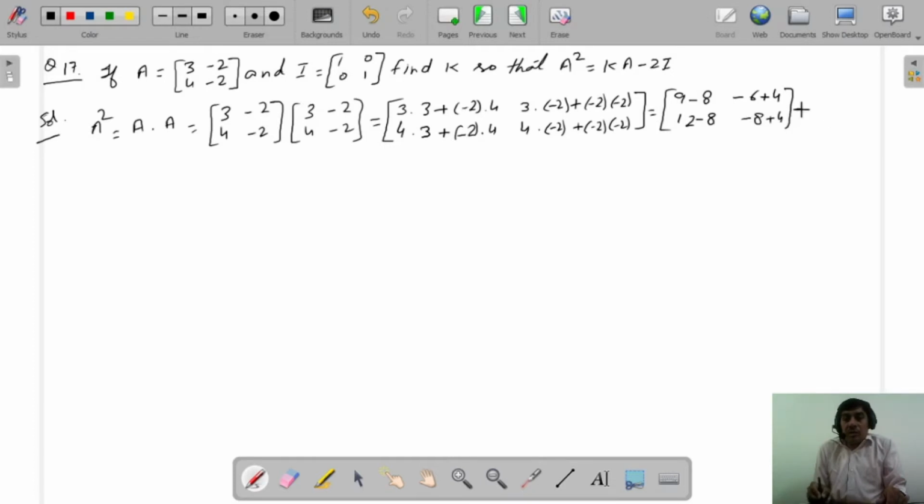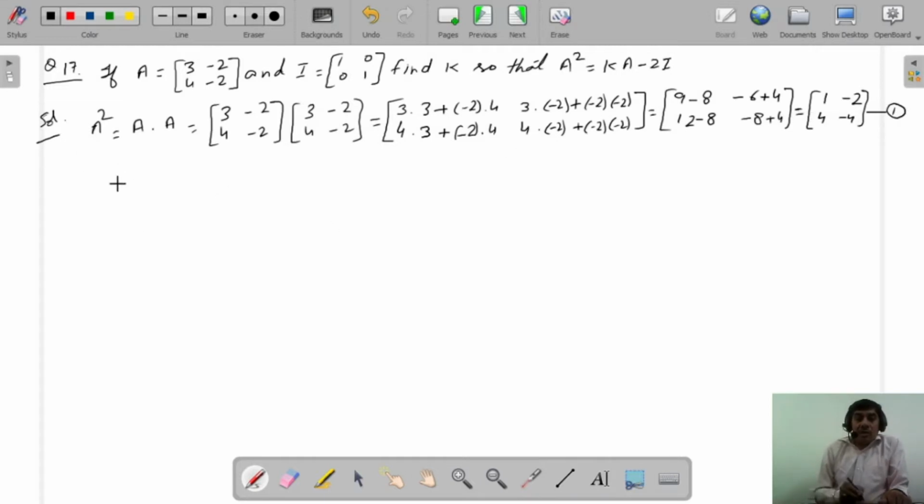This is equal to 9 minus 8 is 1, minus 6 plus 4 is minus 2, 12 minus 8 is 4, minus 8 plus 4 is minus 4. Denote it by equation number 1.